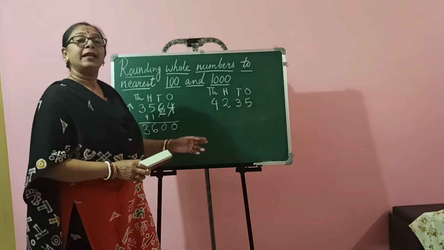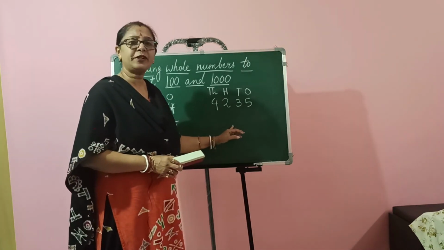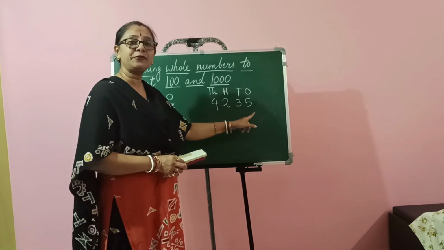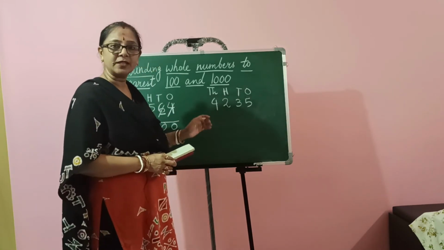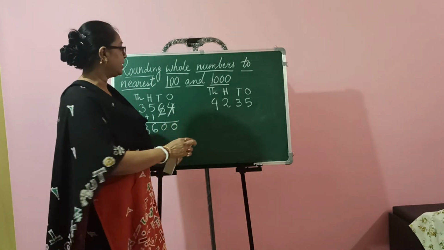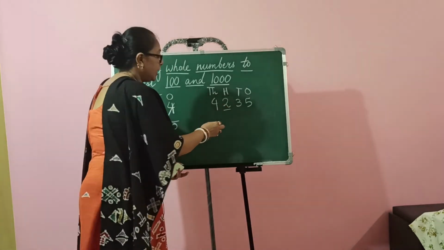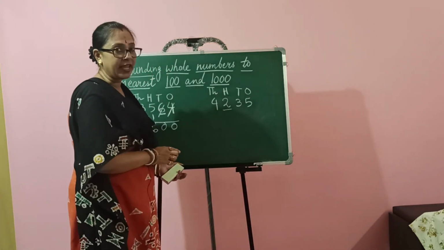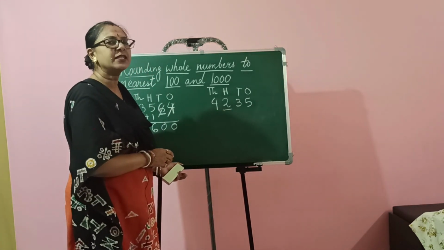Alright? Let's take an example of a different number. Say you have to round off 4235 to the nearest 1000. So we have to look at the hundreds place. Now the number we are looking at is 2, which is less than 5. So we have to round it down.